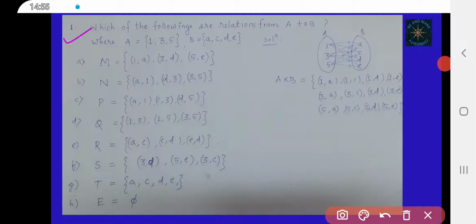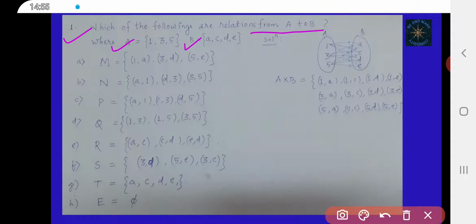Here is a question: which of the following are relations from A to B, where A contains 1, 3, 5 and B contains a, c, d?